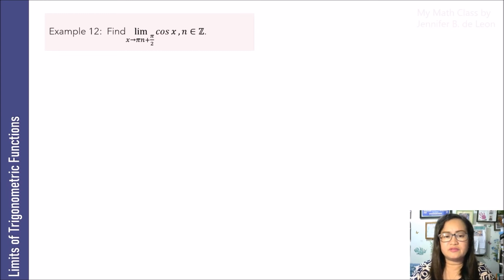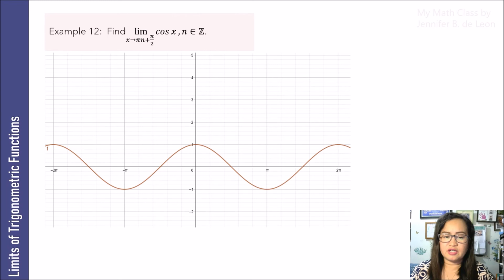Find the limit of cosine x as x approaches pi n plus pi over 2, where n is an element of the set of integers. With this, we can just evaluate using the concept of f of a. However, we can use the graphical method to make it a lot easier.